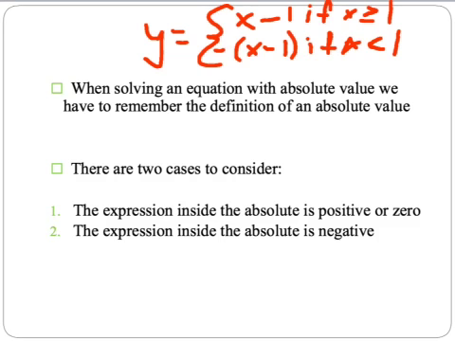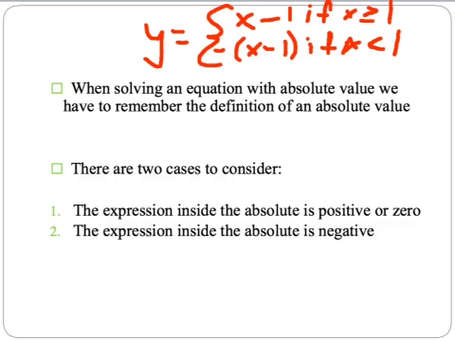So when solving, we have to consider that there are two possible ways to solve. One possible way to solve is we take the expression inside and assume that it's positive or 0, and we bring it out exactly the way it looks. The other case to consider is that the expression inside the absolute value is negative, which comes back to our piecewise function.